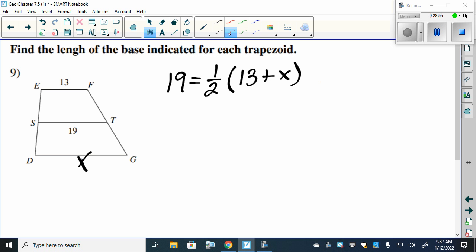We can distribute with the 13 and x, yes? Is 13 divisible by 2? No. We can do it. We would get a decimal, yes? And we would have a decimal with x. We'd have a decimal with both, yes?